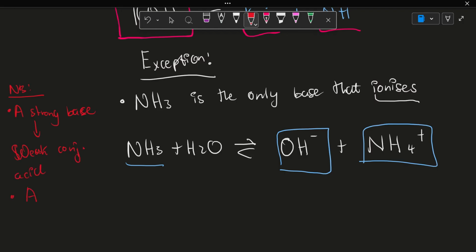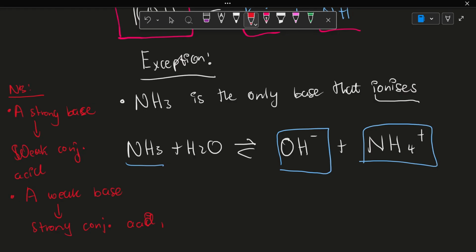Similarly, a weak base gives us a strong conjugate acid. Okay, very, very important things. Now, what have we looked at?